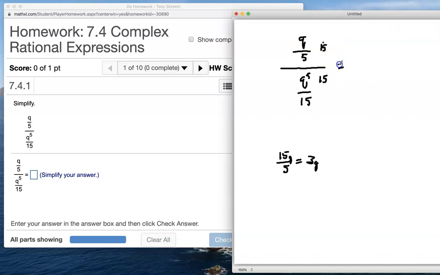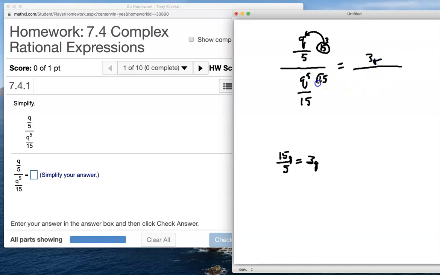All right, so that's equal to, well, here's another way I like to explain it: let's circle this number and point to the fraction it multiplies. 5 goes into 15 3 times. So what happens is that 3 will meet up with the q to get 3q as your answer.